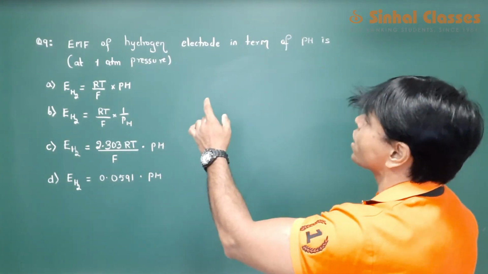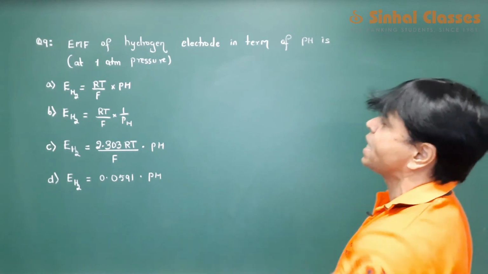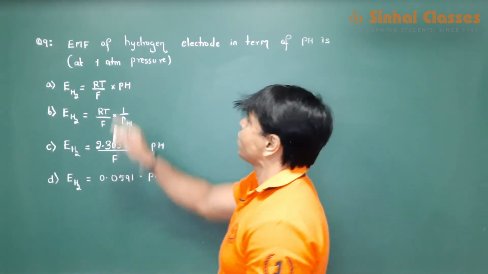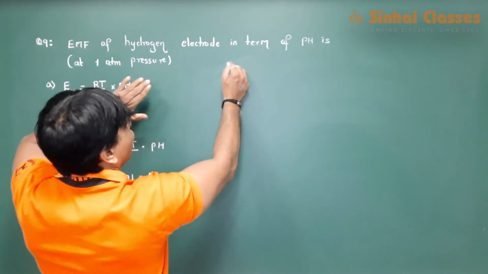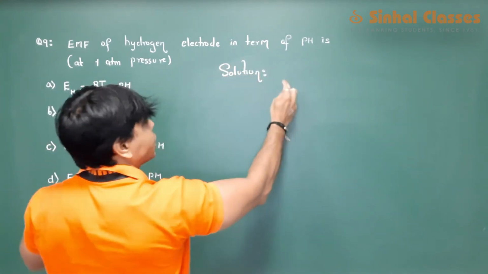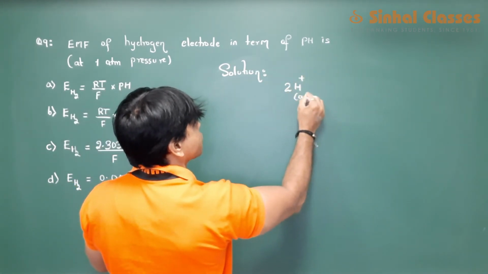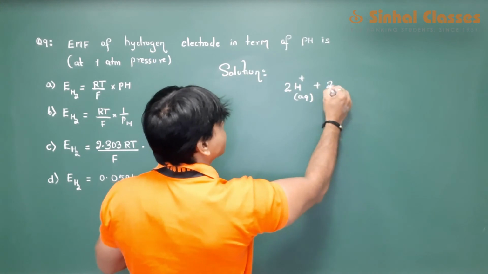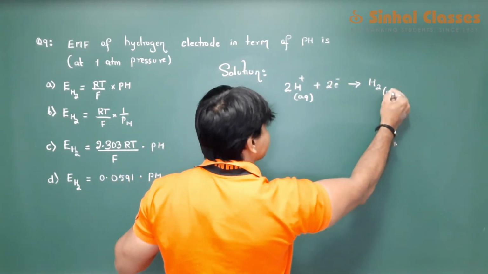They are asking you the EMF of the hydrogen electrode in terms of pH at 1 atmospheric pressure. Now the reduction reaction for hydrogen is 2H plus aqueous with 2 electrons, it forms hydrogen gas.